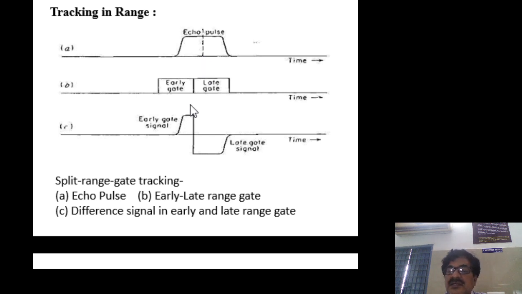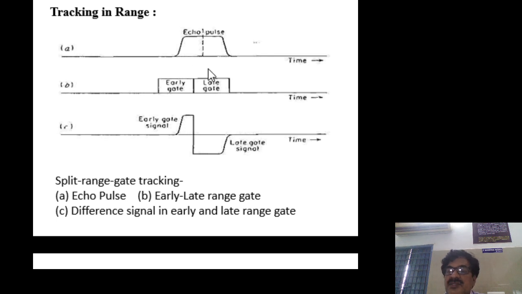Suppose the target deviates from the tracking axis, then these two centers may not be aligned.